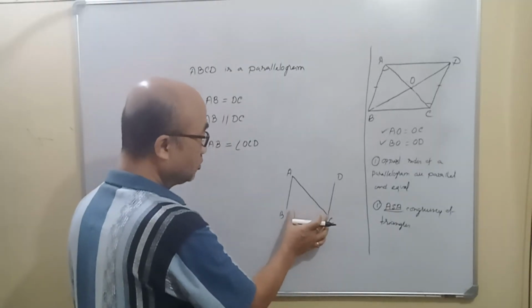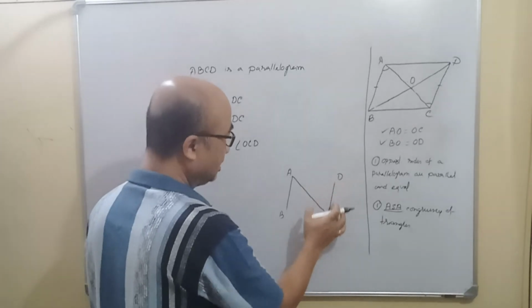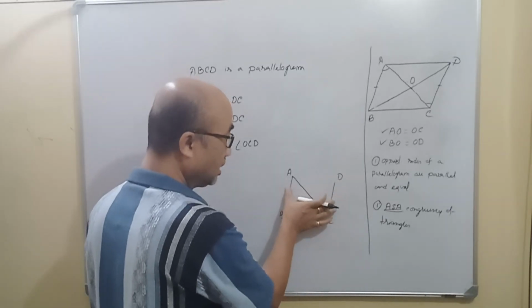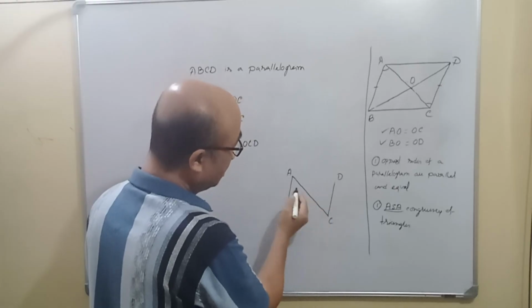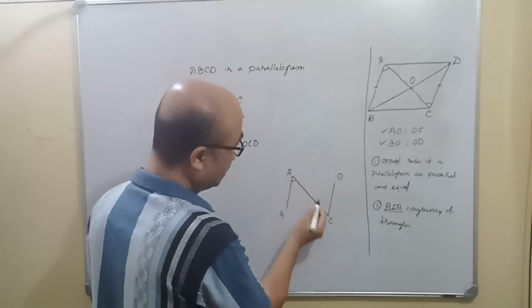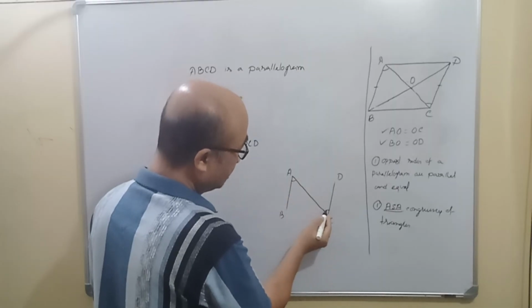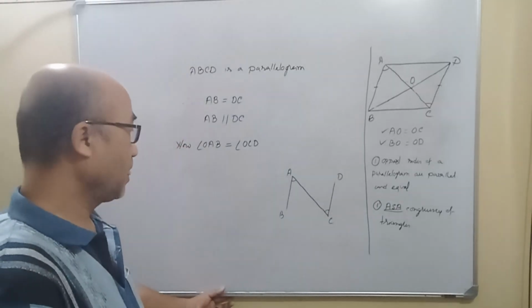Now, since these two sides AB and CD are parallel and this is the transversal, it implies that this angle and this angle will be equal.